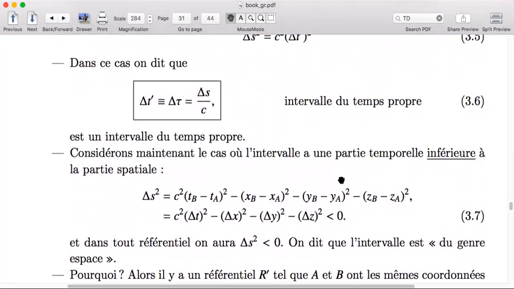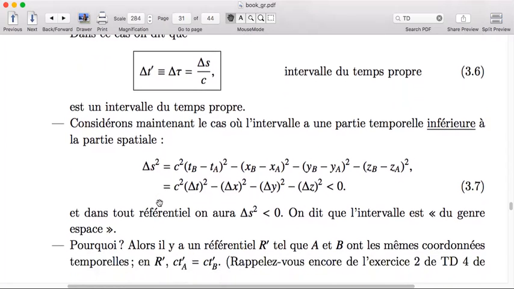The other important case, of course, is that the spatial part here can dominate the temporal part in the interval, in which case delta s squared will be negative. It doesn't mean that delta s is some complex number.